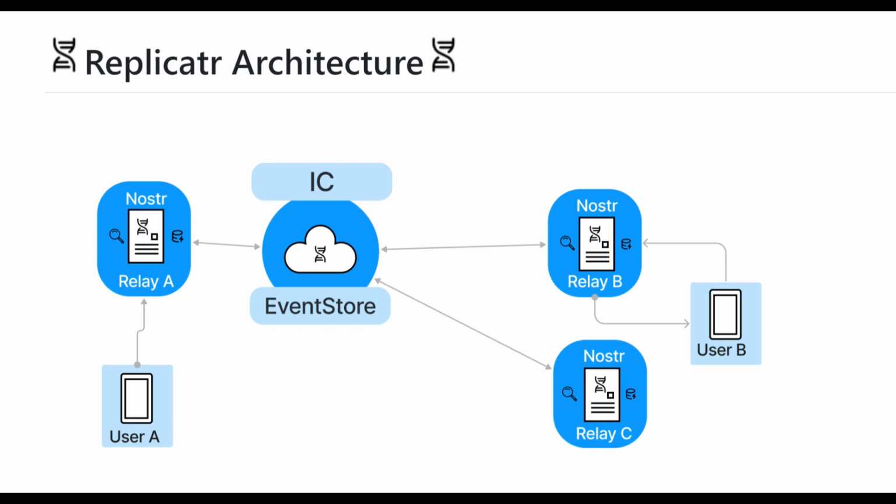Now, because the canister stores all events, the relays can then afford to not have to store all the events, and therefore we have these two icons that can be seen on each Nostr relay. It's a database symbol with a lightning bolt, which represents a cache, and a magnifying glass.